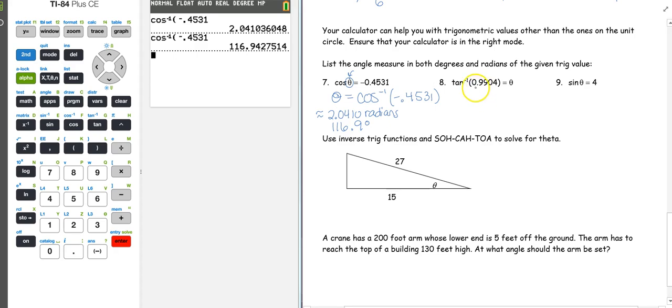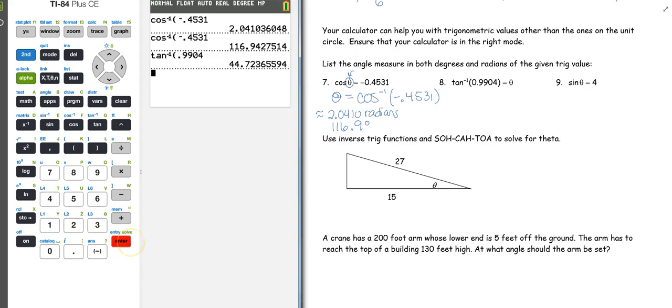So I went second tangent, so I'm looking for my tangent, and I've got 0.9904, hit enter. Our calculator is in degree mode, so this is why it's really important that you are aware of what mode you are in. 44.7 degrees.